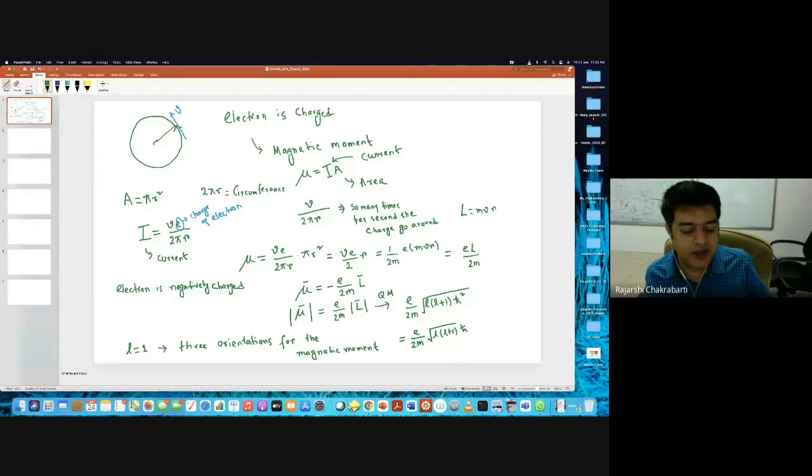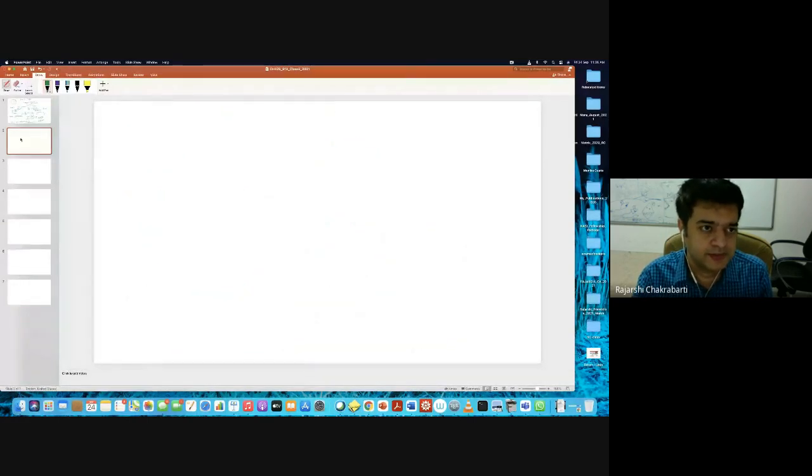Because L equal to 1 means there will be 3 ml values: -1, 0 and +1. So accordingly, there will be 3 orientations for the magnetic moment. Now you start thinking of the electron as a tiny magnet for the time being. Are you convinced? Yes, sir. I'm using a classical physics analogy, like a tiny magnet.